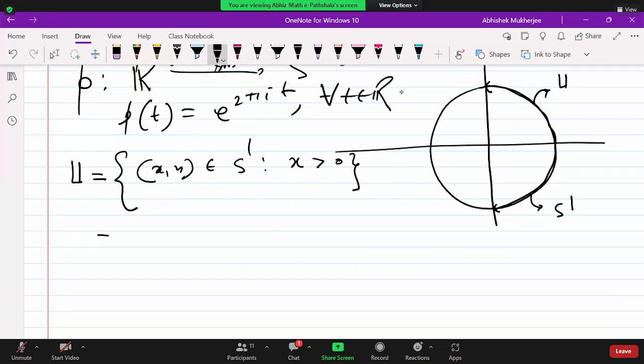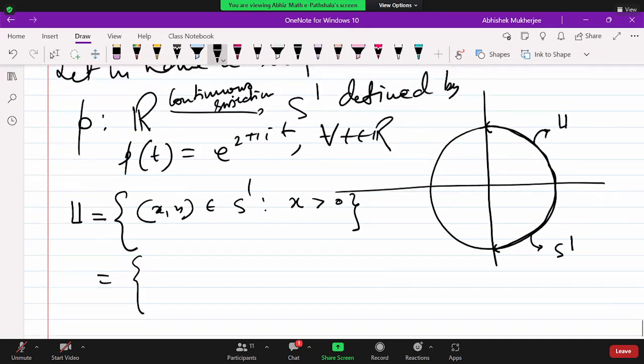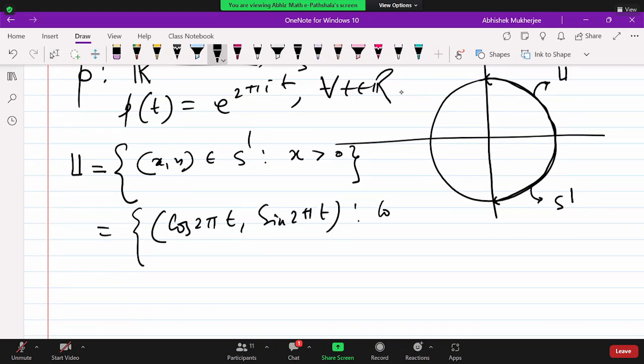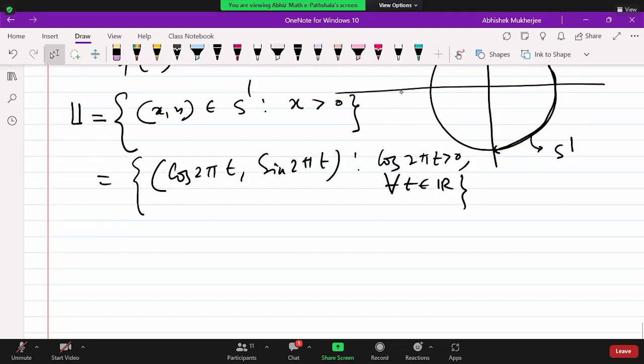So that means in terms of the cosine and sine functions, this is cos 2 pi t, sine 2 pi t, where this is greater than 0 for all t, I'm sorry, for all t belongs to R. Great. So this is an open set in S1. Okay.